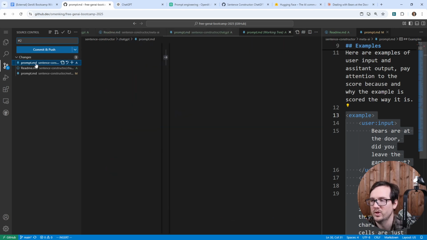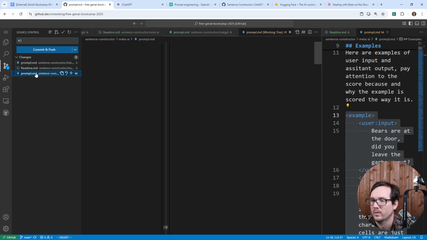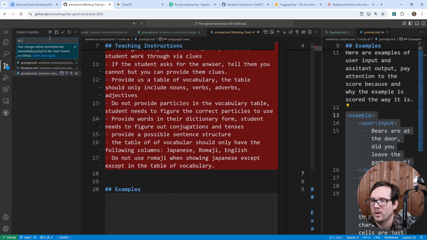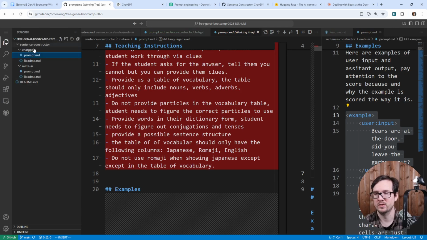So here, what did we change? We provided more information around the structure of the output. That's what we did. Okay, so we'll go ahead and commit that. So now we can go next and test it.